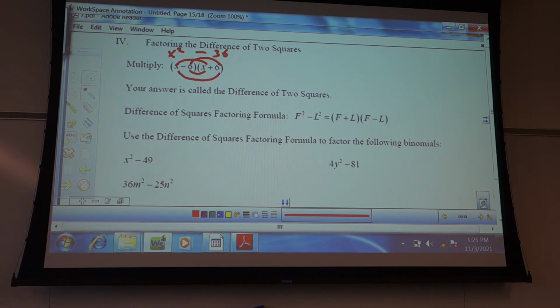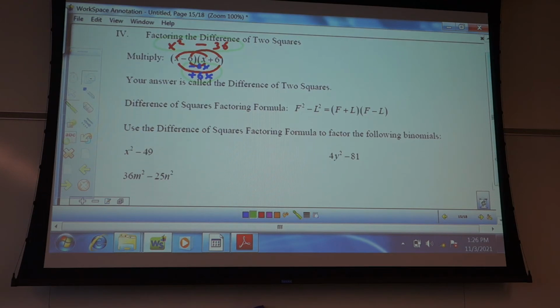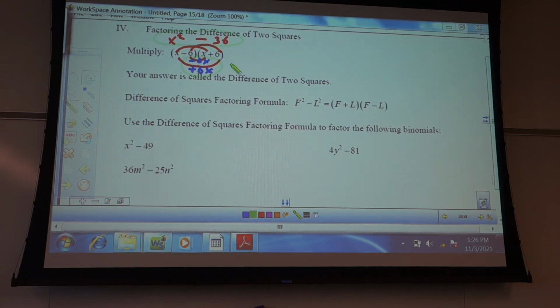The inside gives me negative 6x, and the outside gives me positive 6x. Those cancel out, negative 6x plus positive 6x makes 0, and I'm left with x squared minus 36. So that's why this works. One has to be negative, one has to be positive.